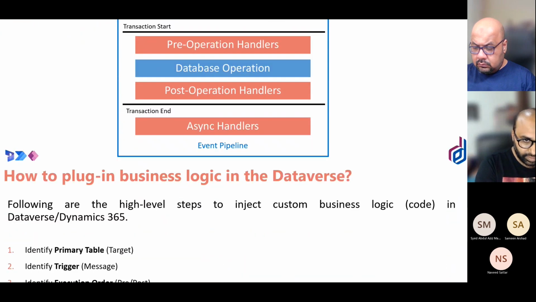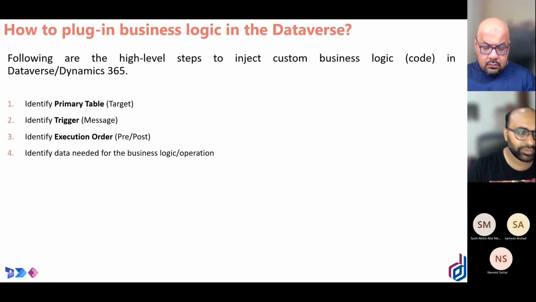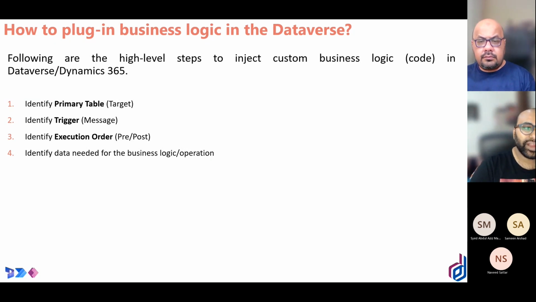Okay, now the question is how we can plug business logic into the database. I know there are too many things here, but slowly I will be able to develop the whole logic once we do an example. First of all, why plug in business logic, that we discussed, right? We have a lot of ways to do that. We have business rules, workflows, and Power Automate flows. Then why plugins? As I said, one particular reason is you can abort the actual transaction of the system if required.